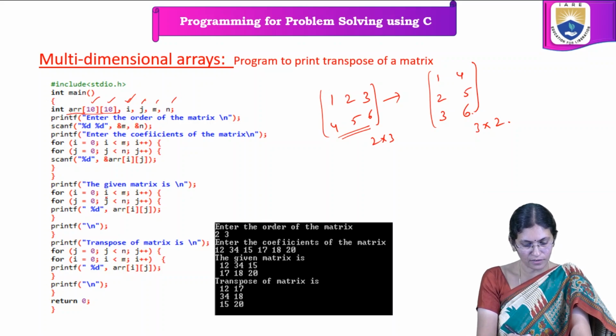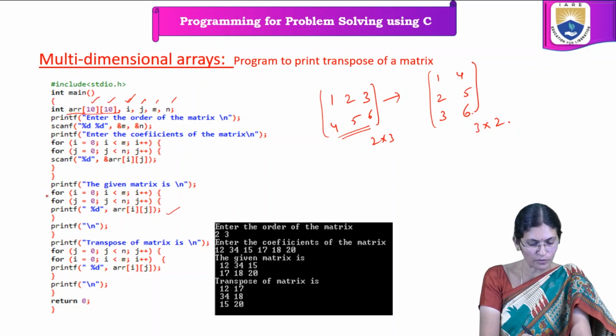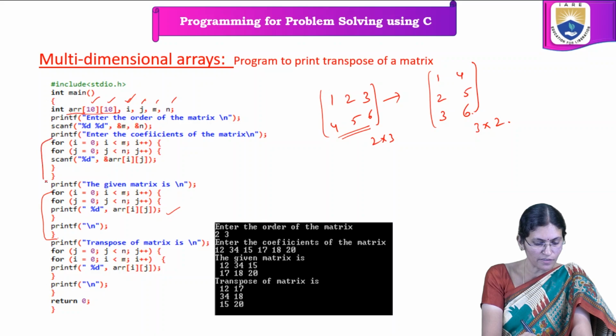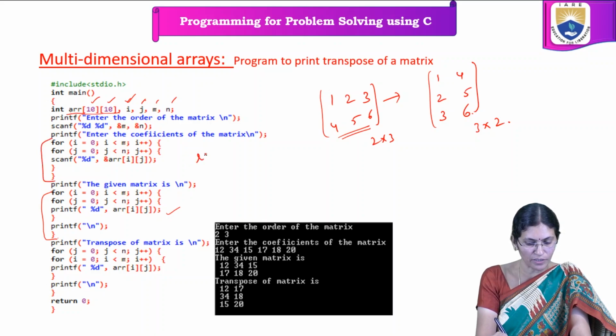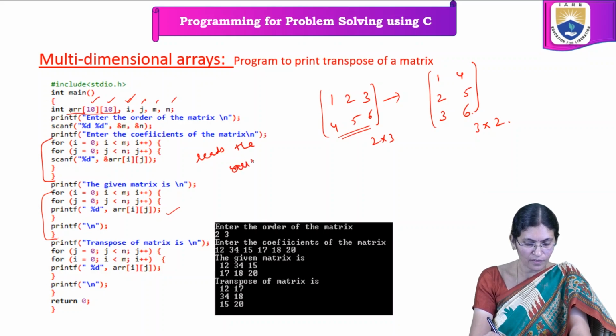Then we are reading the elements of the matrix with the help of this nested for loop. This part of the program reads the array elements. This part of the program is used to print the array elements.